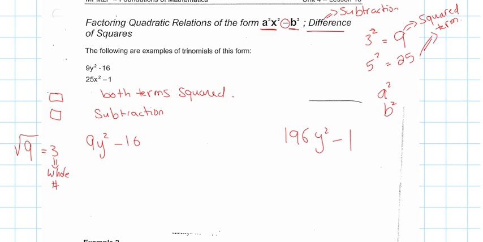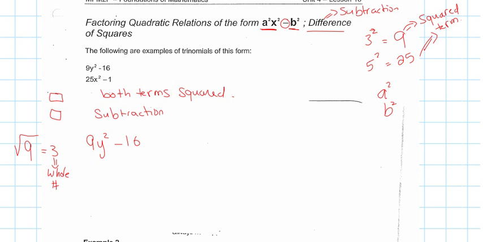But how can you find out if 196 is a squared term? To find out, you do the square root. Okay? When you do the square root, because you're going to get a whole number, which is 14, then you know it's a squared term. Do we understand that? We'll talk about how to factor it in a second. But in the calculator, yeah, you do the square root of 196.